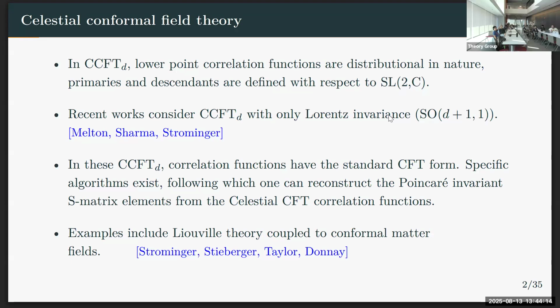In ordinary CFT, primary and descendant... But let's say you have a three-dimensional CFT. So you have a Lorentz group, and then you have these dilatations and spatial conformal transformations.